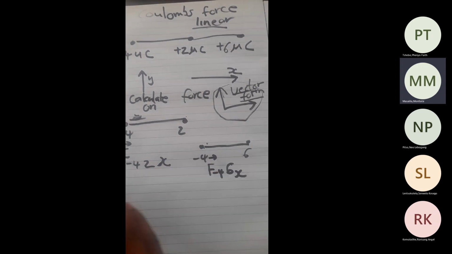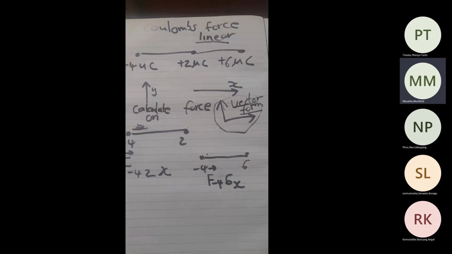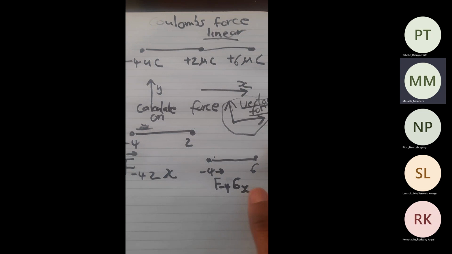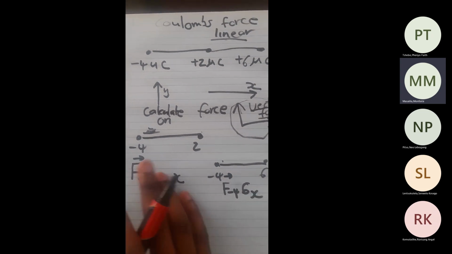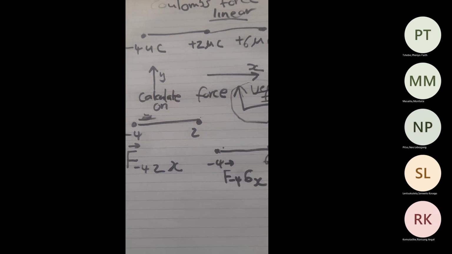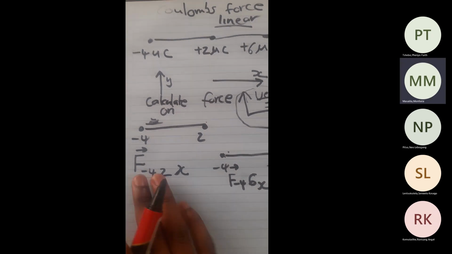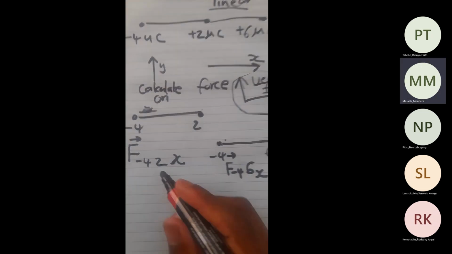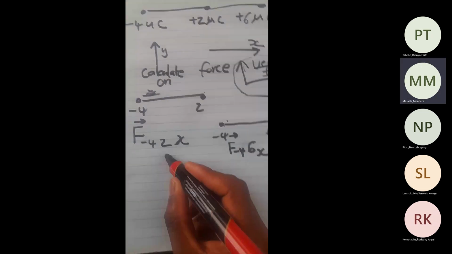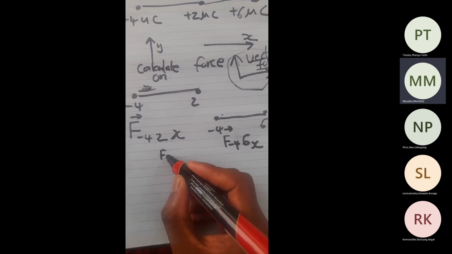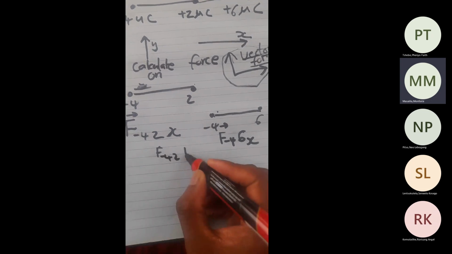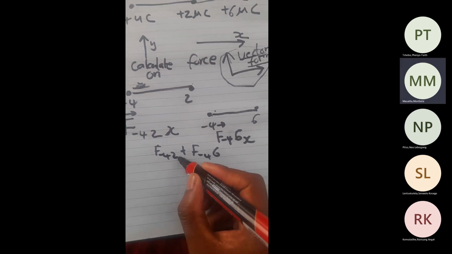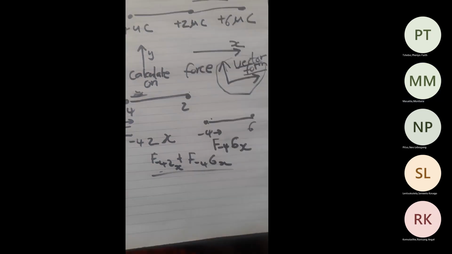I know you know how to resolve into its y component and x component, like in the vectors lesson number 2, Phy122. Because these things are in an x-axis, it means at the end you are going to add them: F(-4,2) plus F(-4,6).